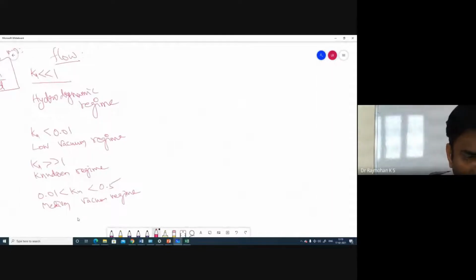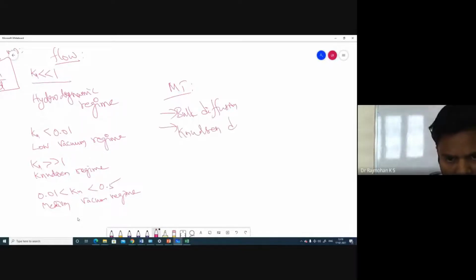Another one is, with respect to mass transfer, I am concerned about three things. One is bulk diffusion taking place, that is molecular diffusion. Another one is Knudsen diffusion taking place. There is another one we have to recall, that is called surface diffusion, which we have called permeation also.